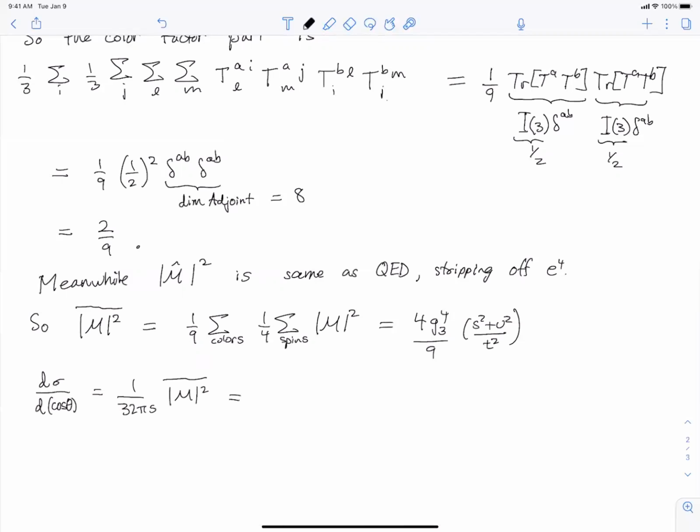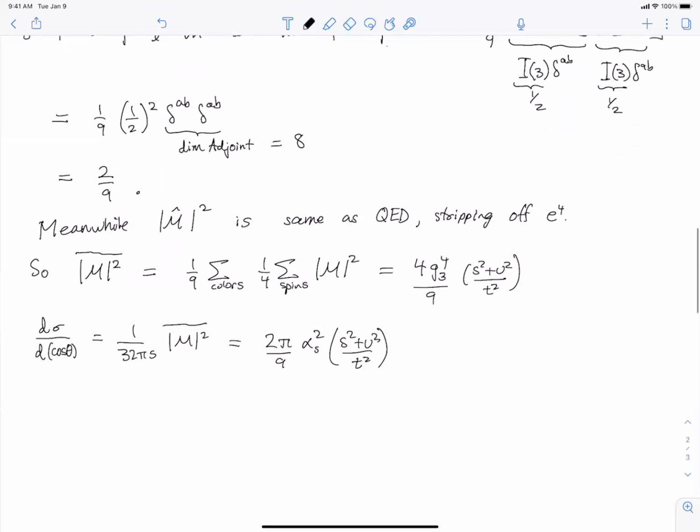And so that's going to be 2 pi over 9 alpha s squared times (s squared plus u squared) over t squared, where here alpha s is the strong interaction version of the fine structure constant. So instead of e squared over 4 pi, it's g3 squared over 4 pi. Okay, so this is just like alpha for quantum electrodynamics.